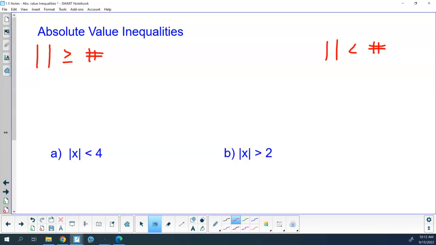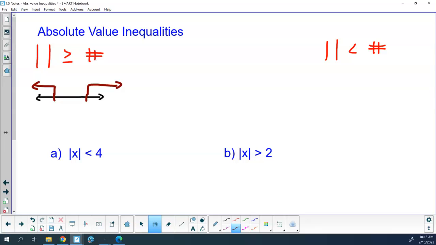Now, in the greater than case, that is the row the boat case. And we talked about row the boat already, right? We were talking about absolute values and inequalities, I should say.